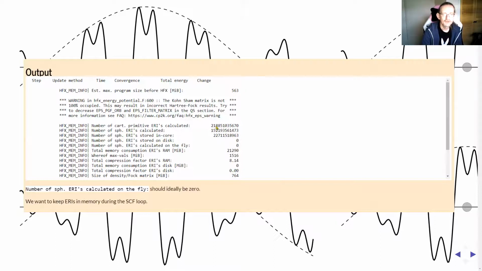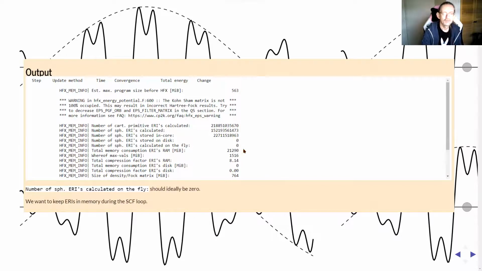And then it tells you the number of four-center integrals calculated, the number that needed to be stored, and the number that need to be stored on disk or calculated on the fly. You don't want either of these things to be there. You want to keep all of the four-center integrals in memory.